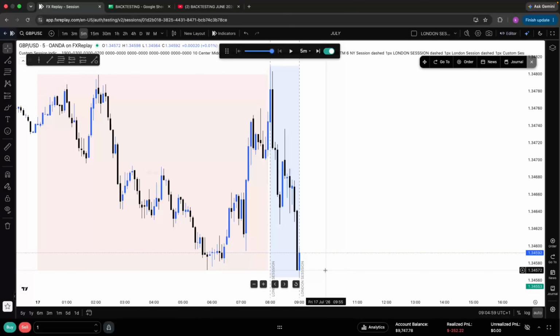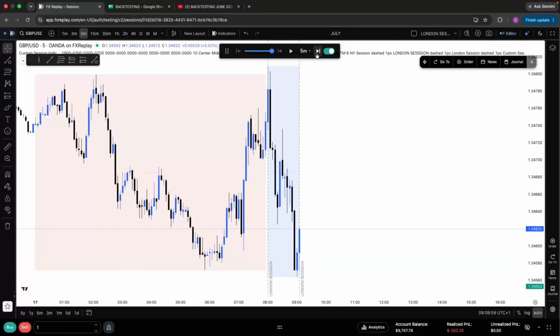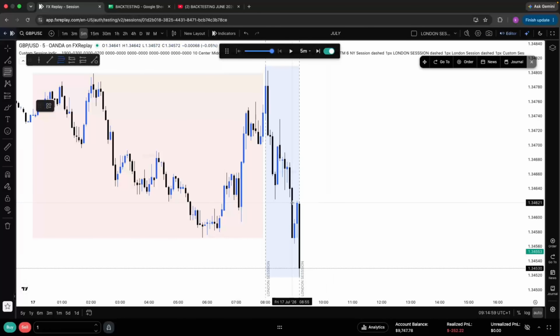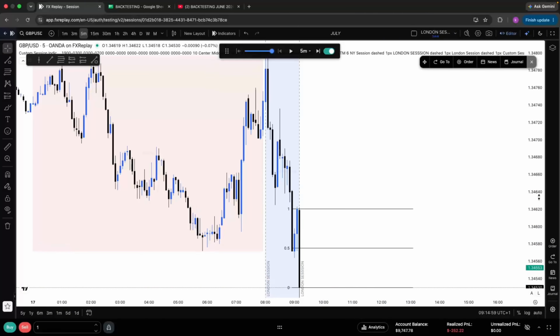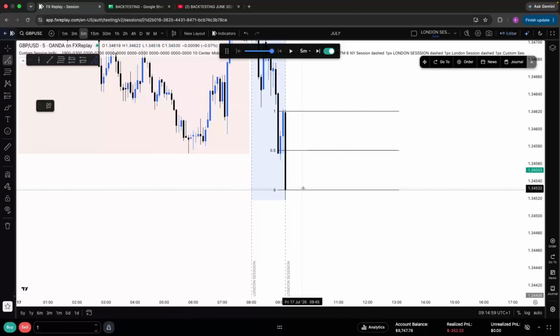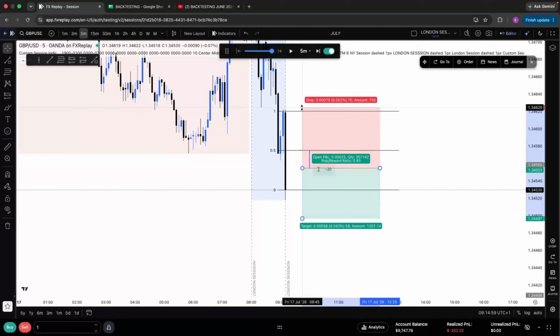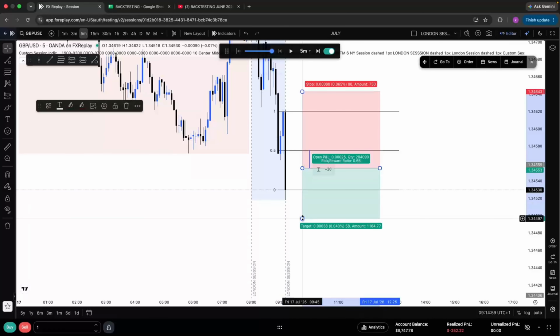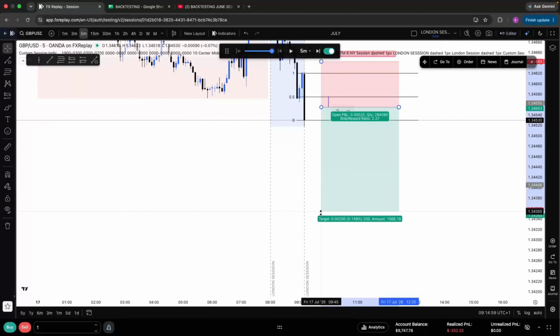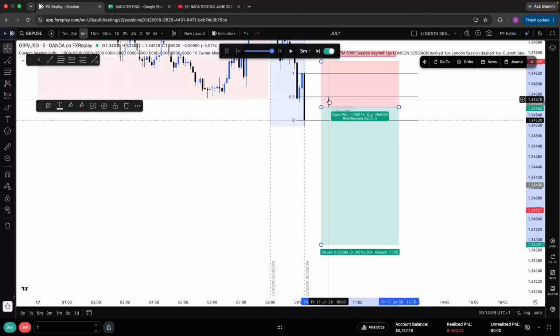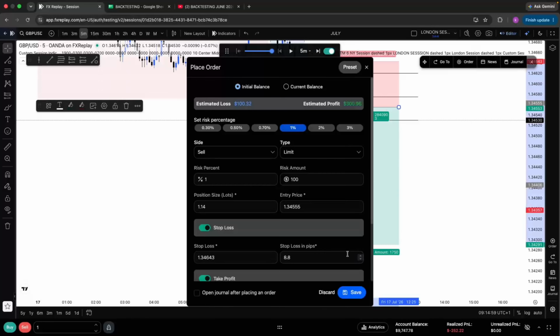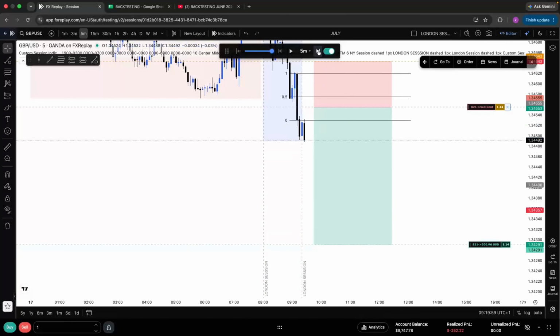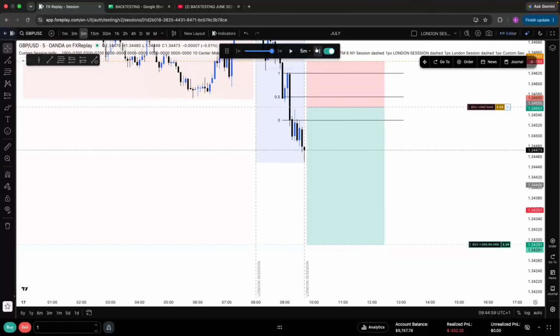Definitely broke the structure to the downside. 9 a.m. Break a structure again. 9:40.